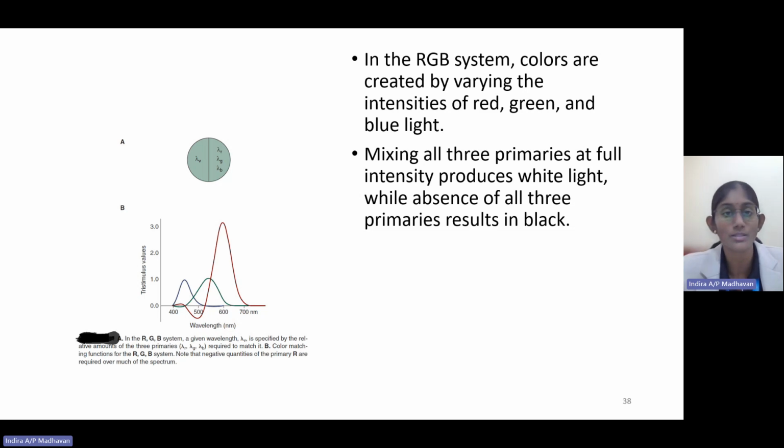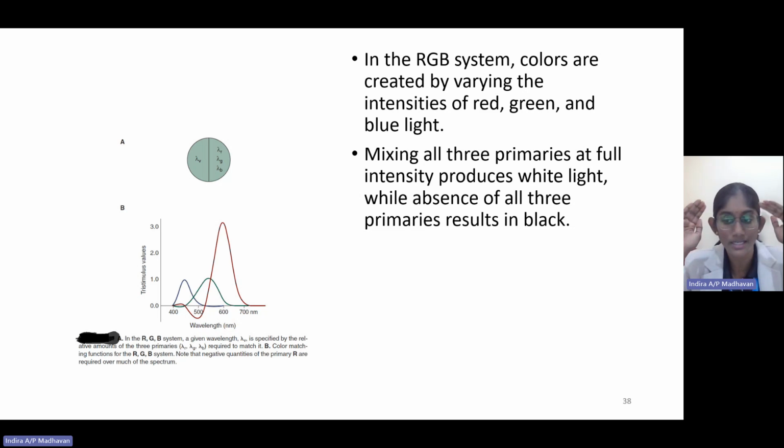Mixing all these primary colors at full intensity produces white light, while the absence of all three produces black. But when you adjust the intensities, you can match all the colors in the visible spectrum. That is the basic idea. When you remove all three lights, you produce black.